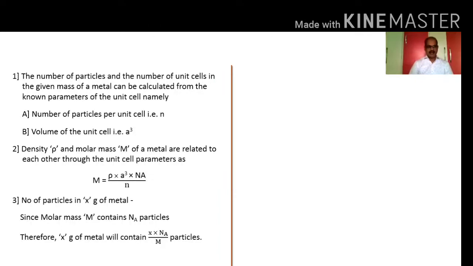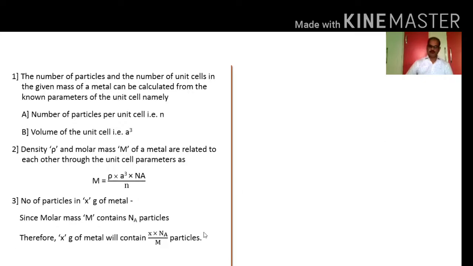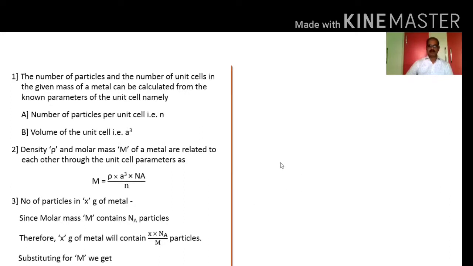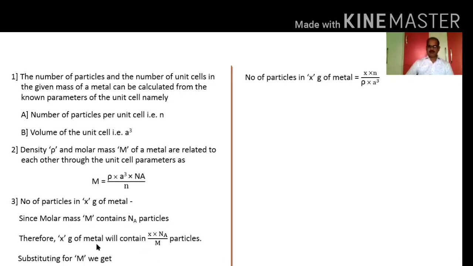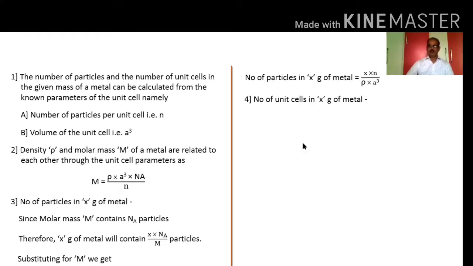In x grams of a metal, x into Na upon M, these many particles are present. Now I substitute for M here, because if molar mass is not known, then these parameters can give me the number of particles. So substituting for M, I get, in x grams of a metal, the number of particles is x into n upon rho into a cube.